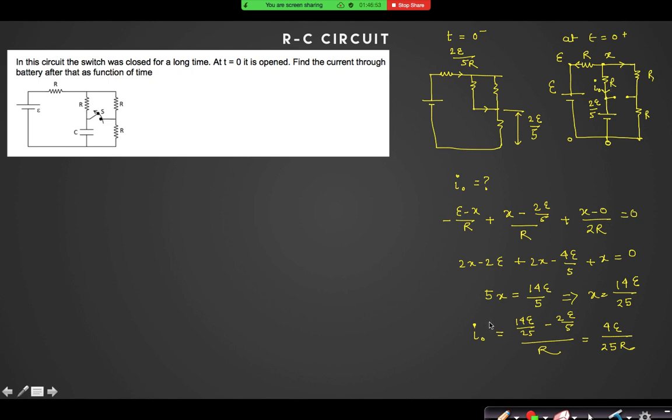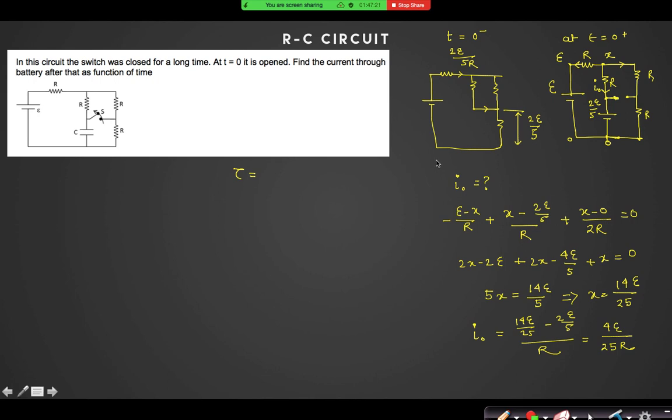Can't we calculate the equivalent across the end points of the capacitor and find the value of tau? Yes, you can calculate the value of tau. So what is the value of tau if I use the equivalent resistance across these 2 points? What will be the value of equivalent resistance?